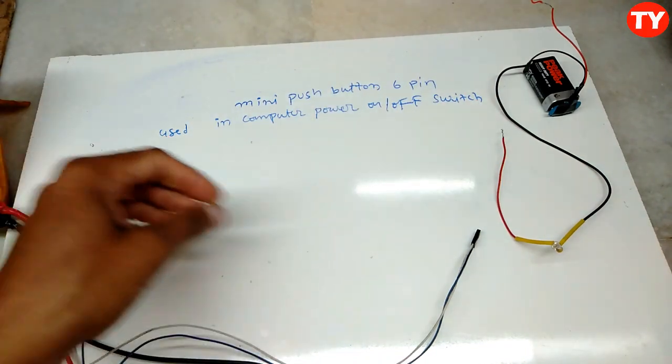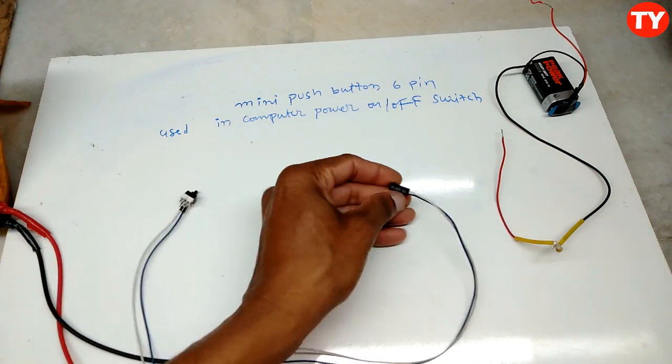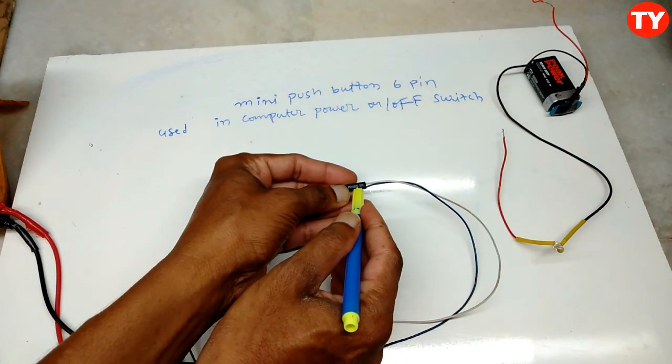Here we can clearly see power switch. Here it is written power, SW means switch, power switch.